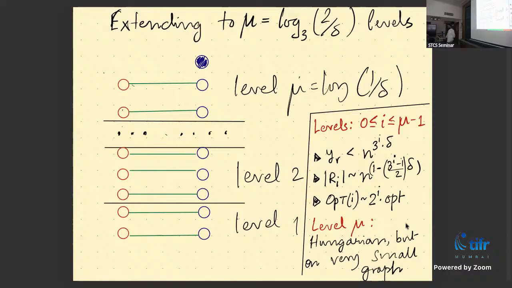That's true. But suppose the metric is nicer in some sense, where you don't need to specify all of this. Is there any way you can harness that? Yes, that's exactly how they do the geometric setting. When you maintain this quad tree and a vertex arrives, you don't really look at all distances.